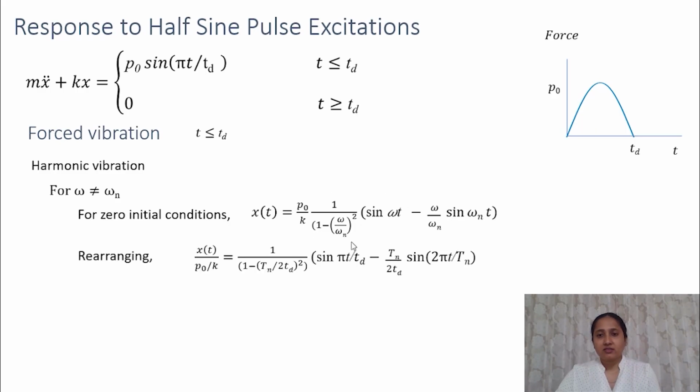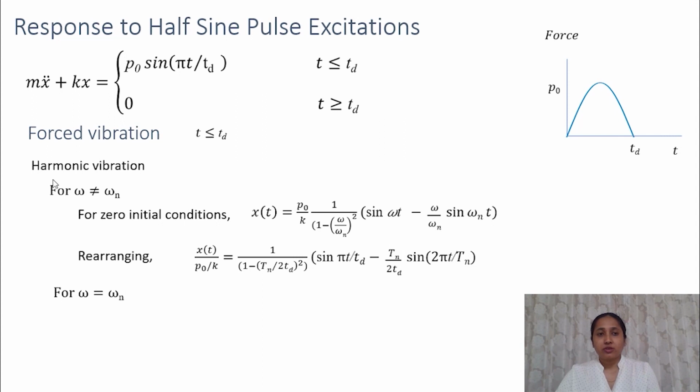We can rearrange this in terms of natural period. So we can convert this natural frequency to natural period and rewrite this expression, and we can write that x(t), that is the dynamic response, divided by the static response is equal to this expression. Here Td is the duration of the pulse and Tn is the natural period of the system. When omega is equal to omega n, that is the forcing frequency is equal to the natural frequency, this expression is not valid because it is indeterminate if omega is equal to omega n.